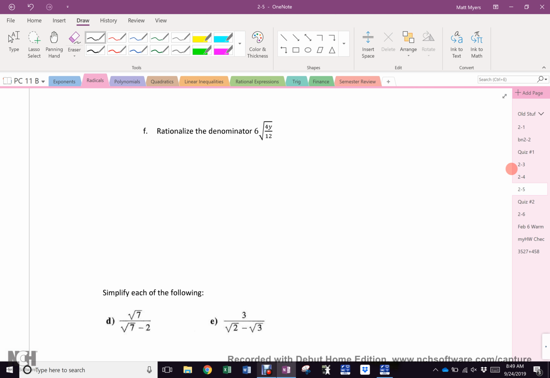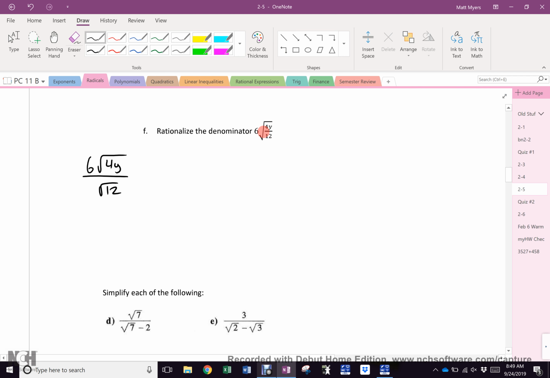There's a fraction. Is that fraction completely encased by the radical sign? So how could I rewrite that? 6 root 4y over 6 root 12? Just root 12, right? Because that 6 is over 1, yeah?